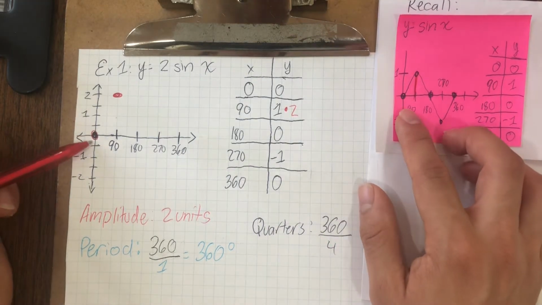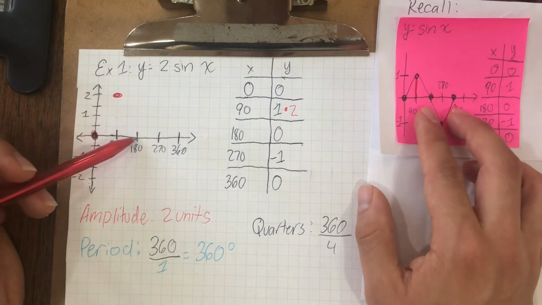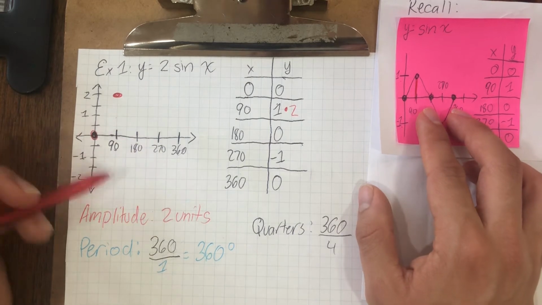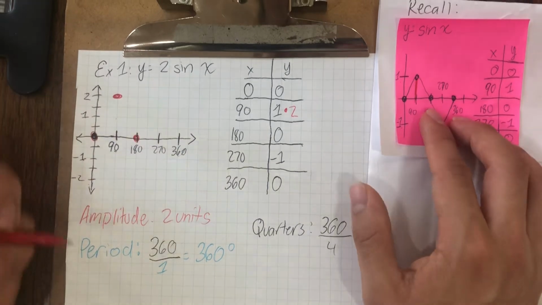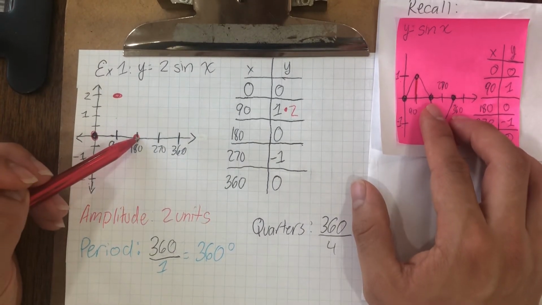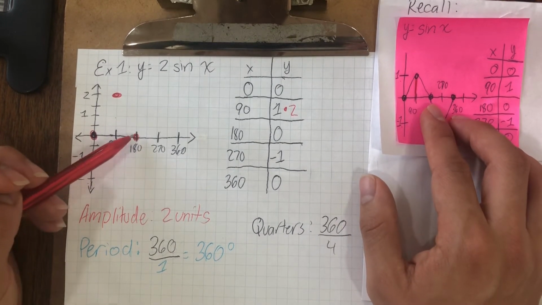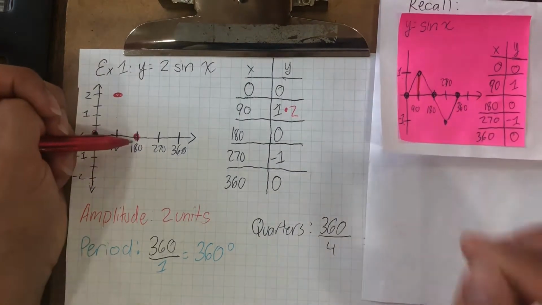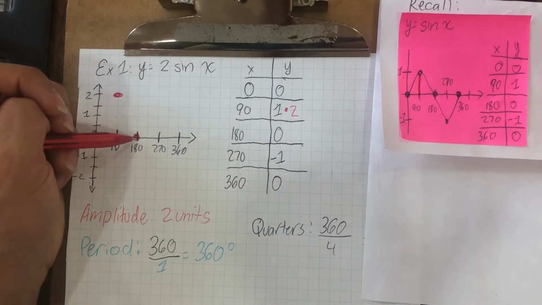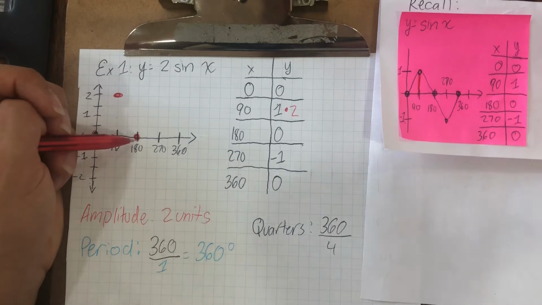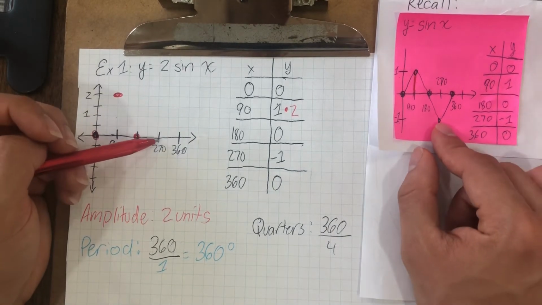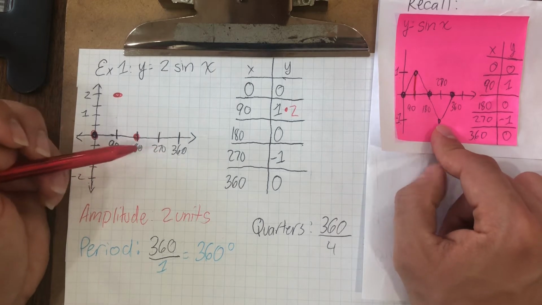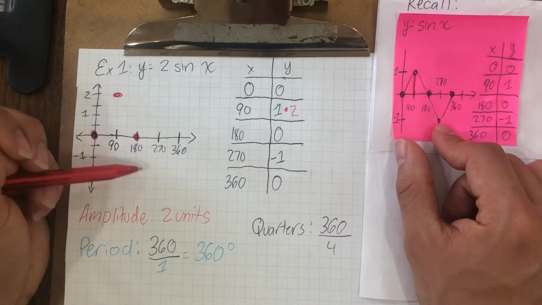So we went from mid to max and we're going to go back to midpoint. So we have 180, 0. And since originally the point was on the midline, the point over here is going to stay on the same spot because there wasn't really a height around this point. But for 270, there was a height originally. So we're gonna go from mid to minimum.